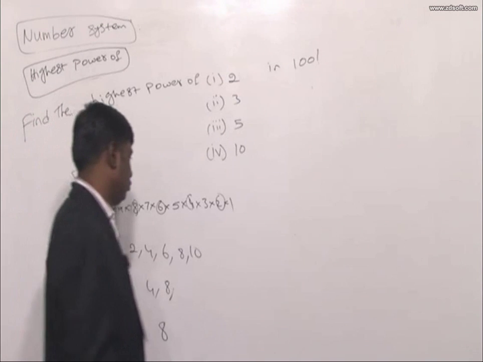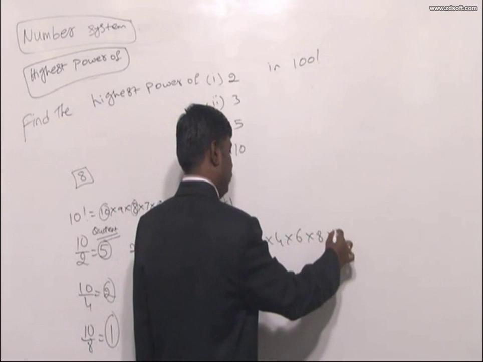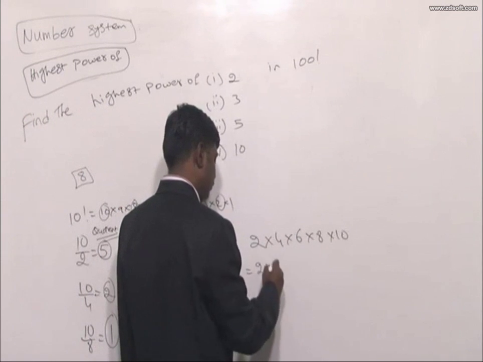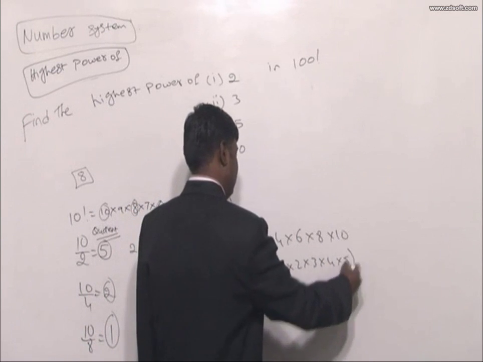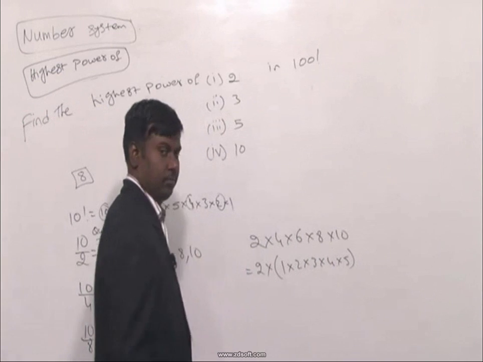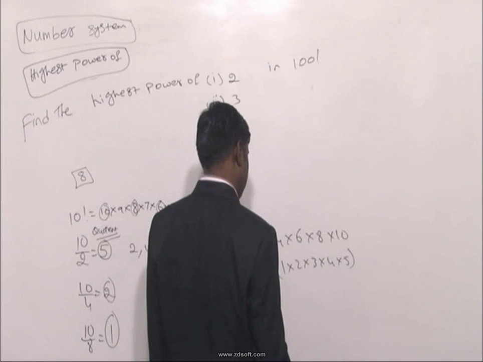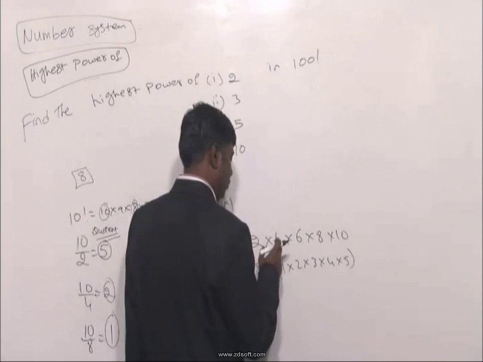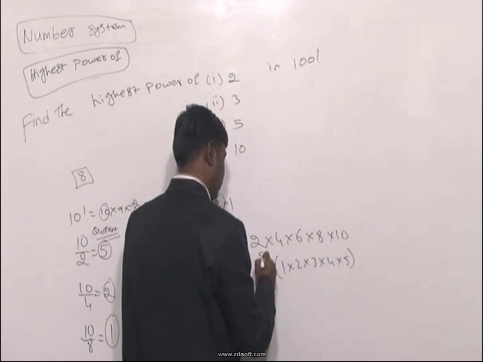What I am trying to do is 2 into 4 into 6 into 8 into 10, right? From this I can take out 2. So how many you got? 1, 2, 3, 4, 5. 2 power 5, right?